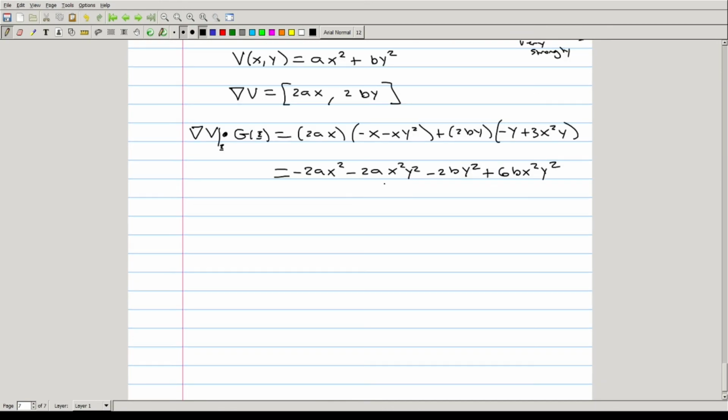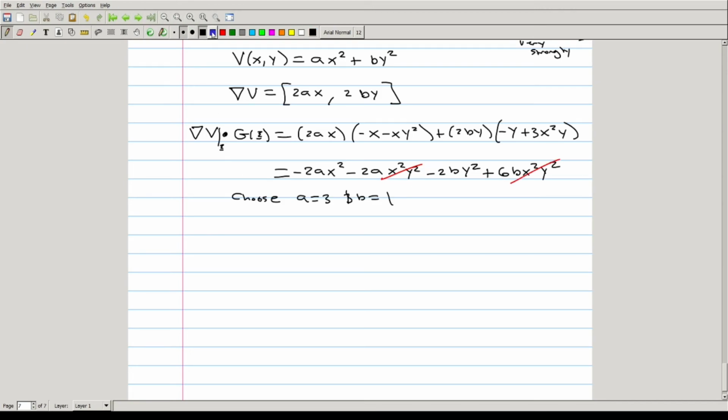And a choice then of a equal to 3 and b equal to 1 will cancel the higher order quadratic term. So this term right here gets canceled with this term right here.